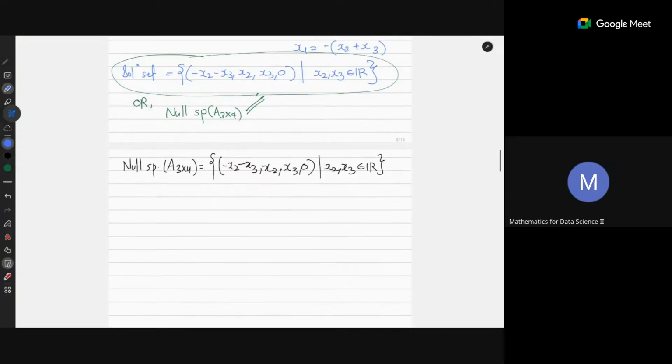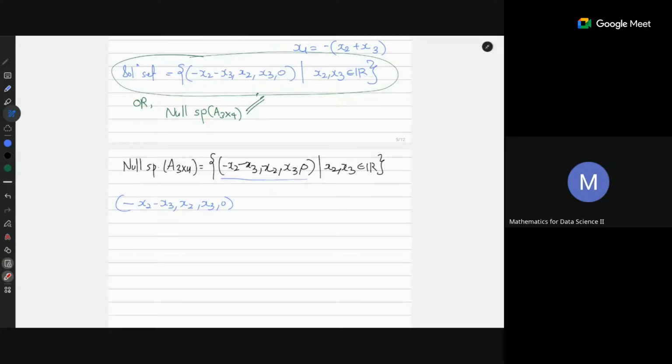So I will play a trick over here. Let me take this general form vector out. Now I see that there are two variables involved, x2 and x3.